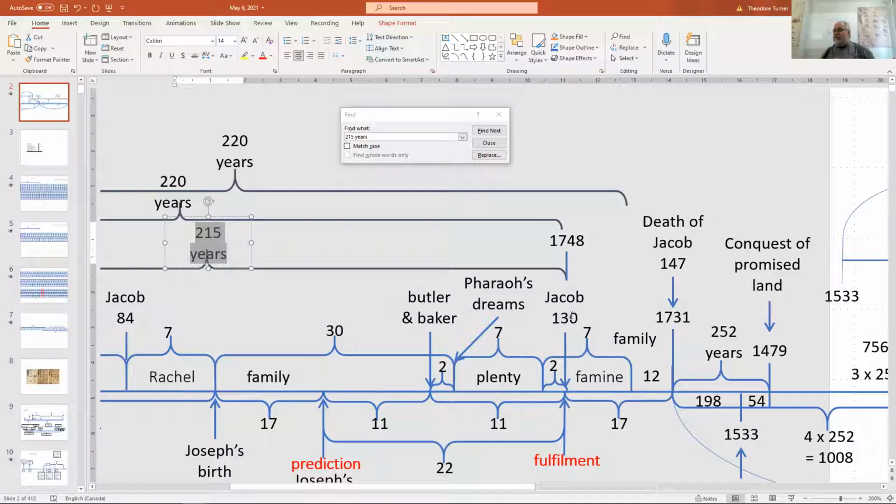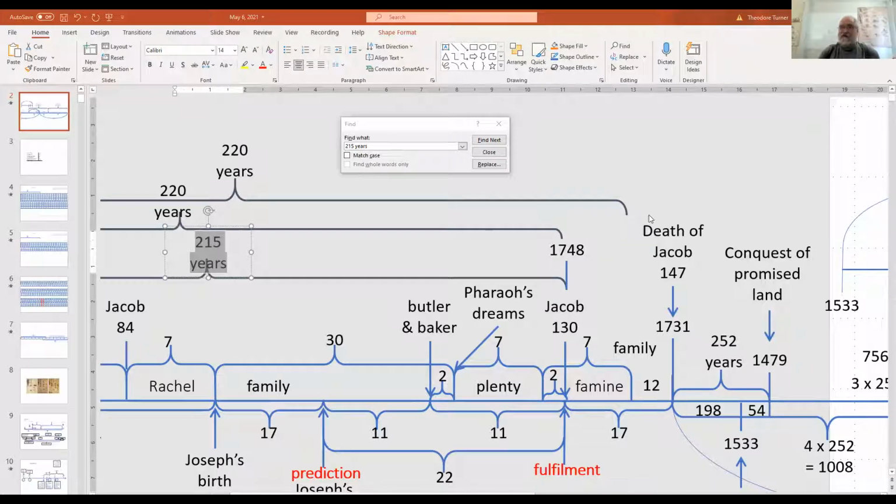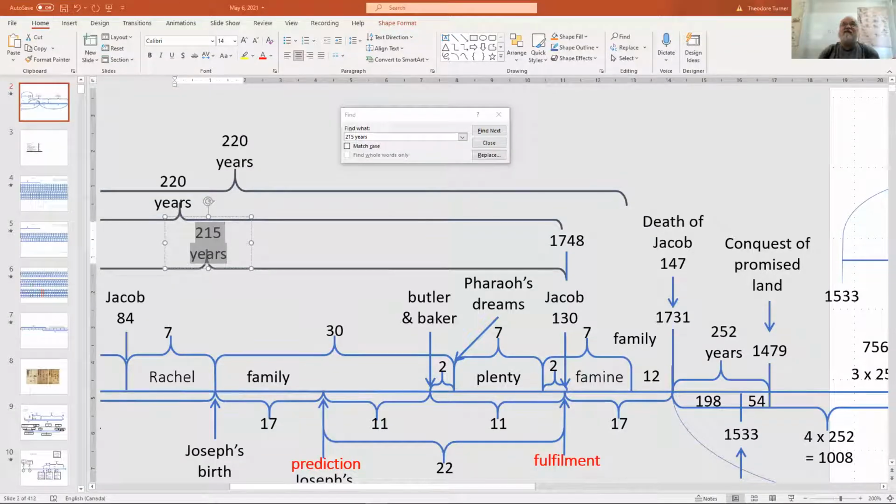Now, I'm trying to remember exactly what we were doing. We had made some calculations. Now, one calculation that we had that was interesting. So I'm going to go back and see if I can remember this, going back to the calculator.